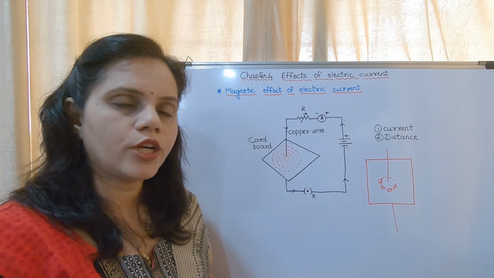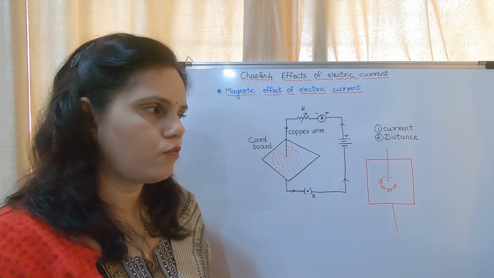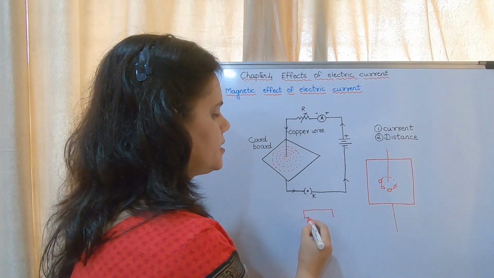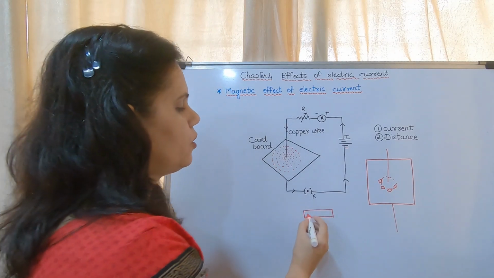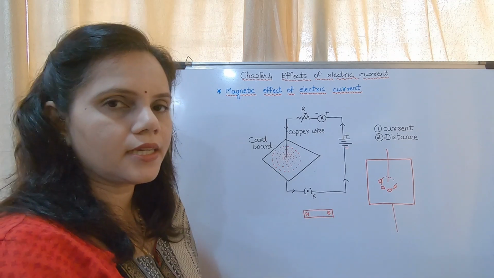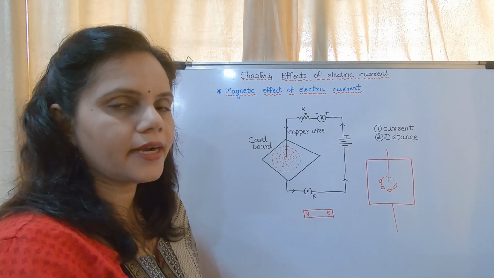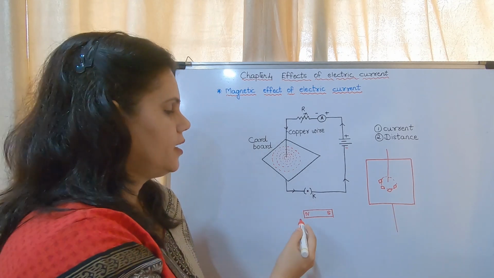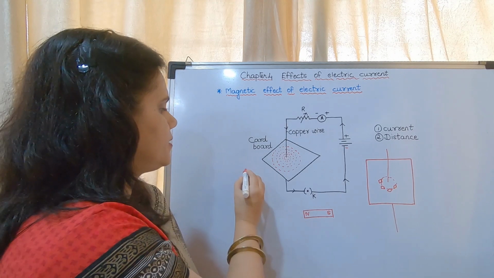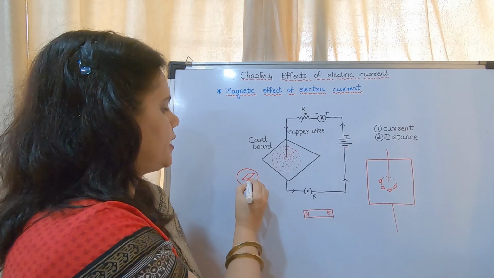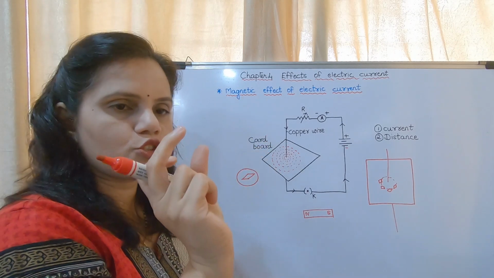Now I will tell you what we mean by magnetic lines of force. We have studied a bar magnet. This is a bar magnet with poles north and south. Now if we keep a magnetic needle here, you might have seen a compass needle, there is a box, and in that there is a small needle like this, it is able to move.